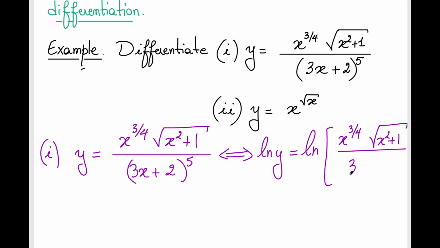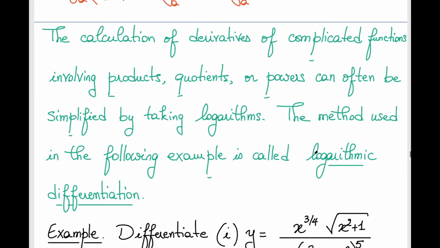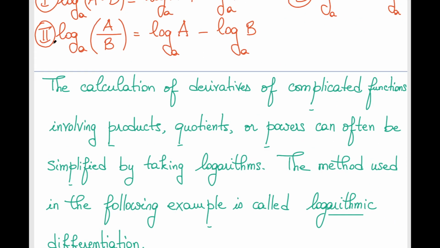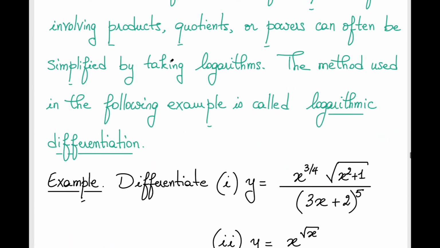And log of a quotient, property 2, is the difference of the logs.